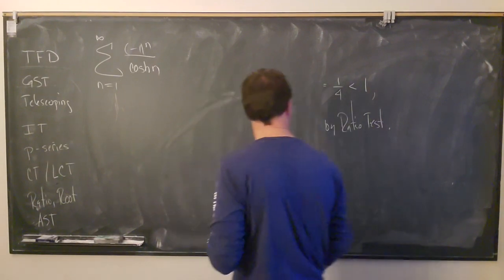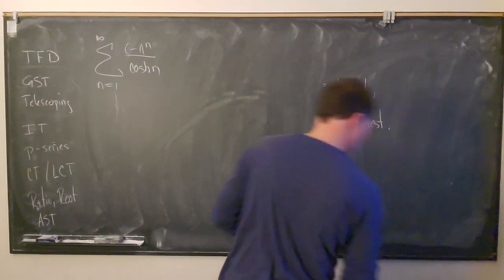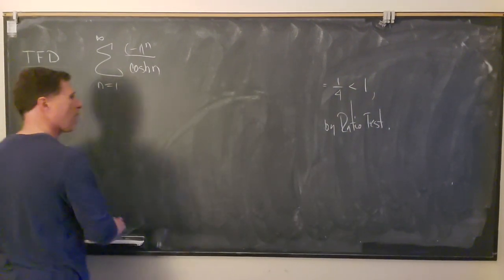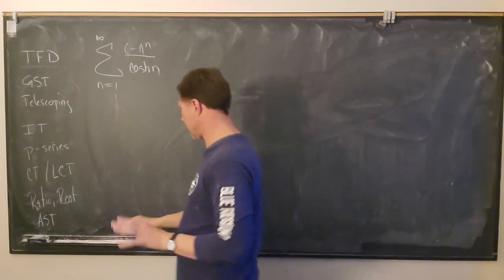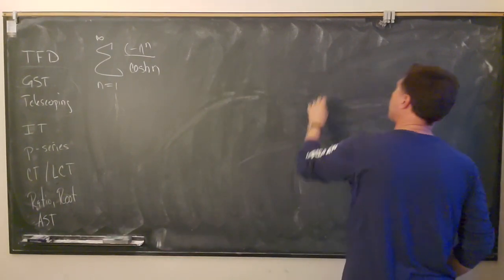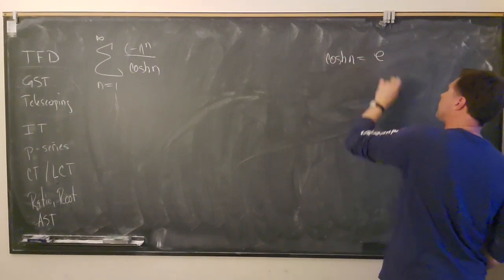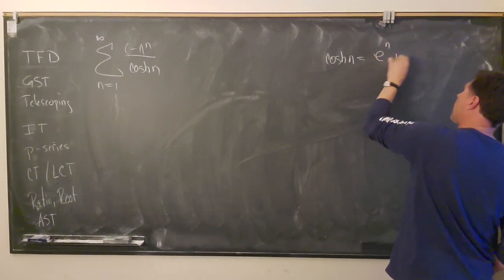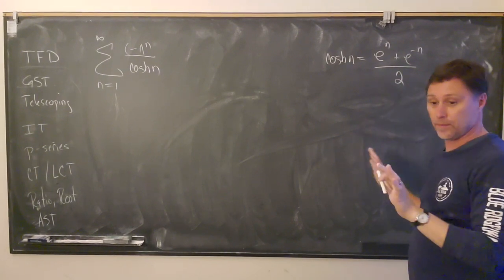Now, cosh is a hyperbolic cosine. This is something that we used to cover fairly regularly in calculus, but even I've started to neglect this. All it is is a definition. The cosh, the hyperbolic cosine, is defined this way: e to the n plus e to the minus n divided by 2. That's it.